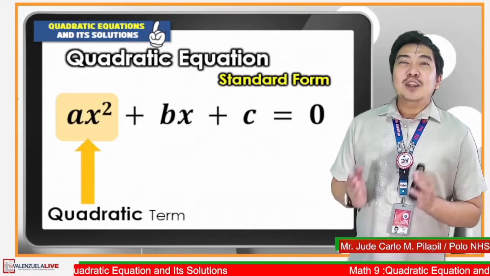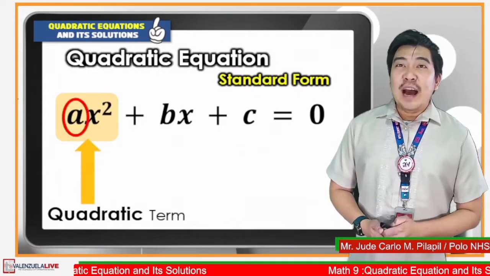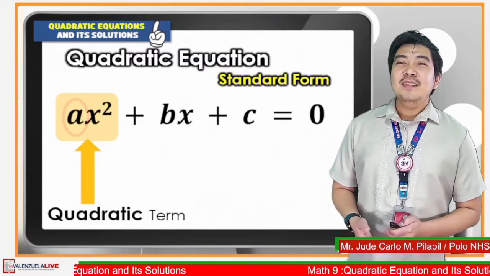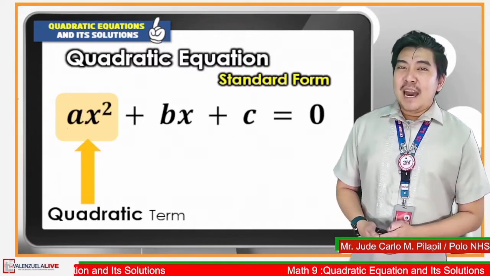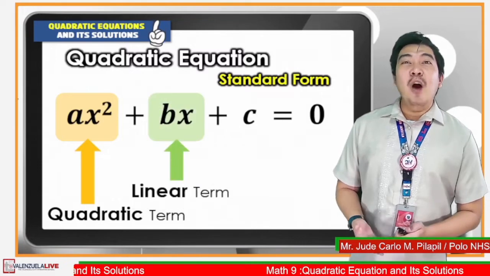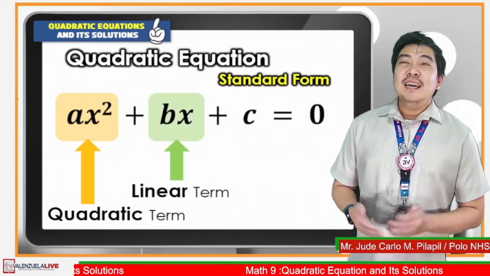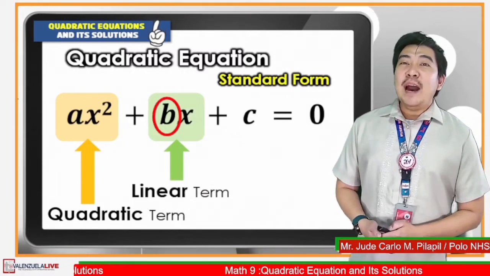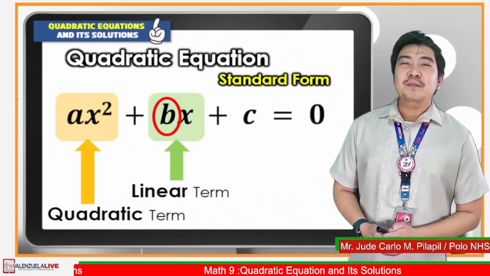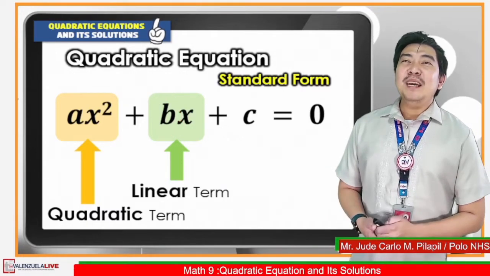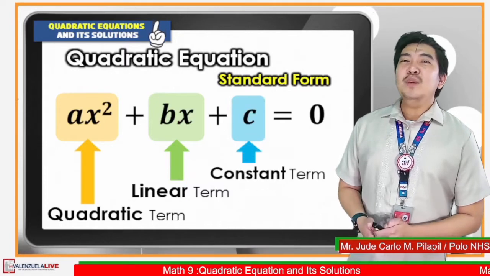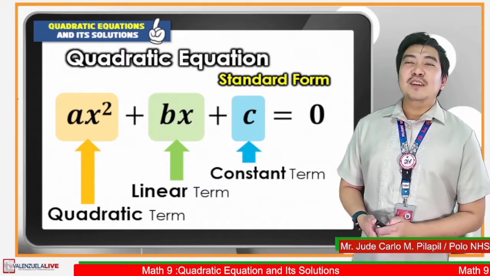It is the term where we can find the value of a. The second term, bx, is what we call our linear term. It is the term where we can find the value of b. And the last term is c, which we call our constant term.